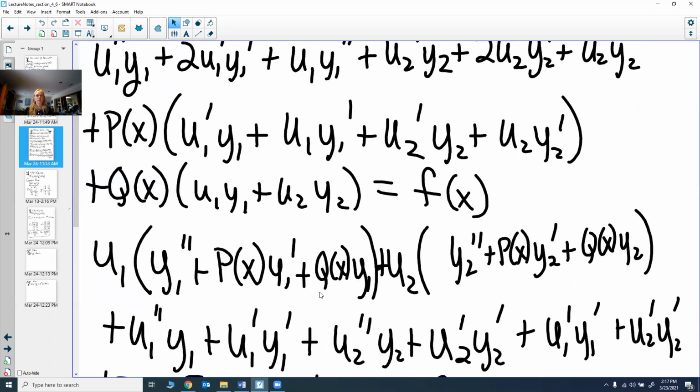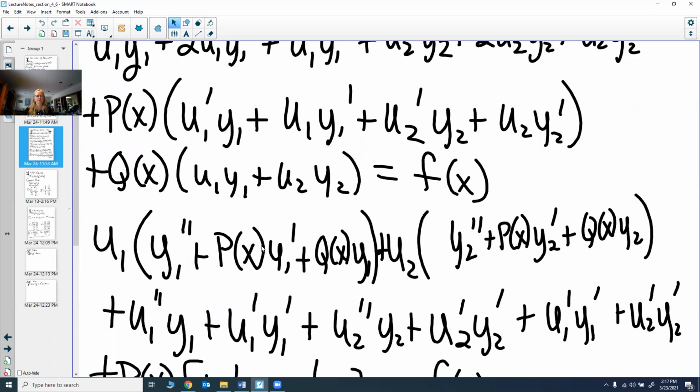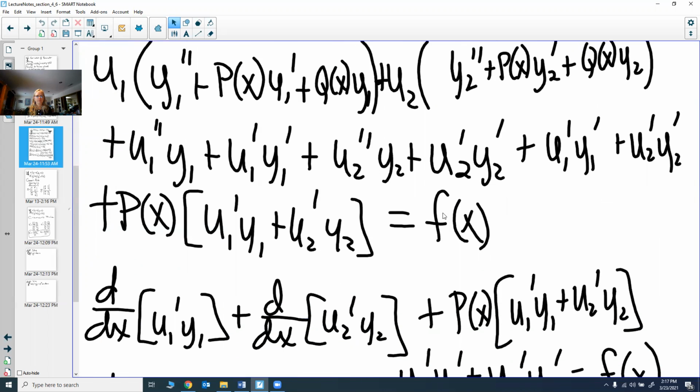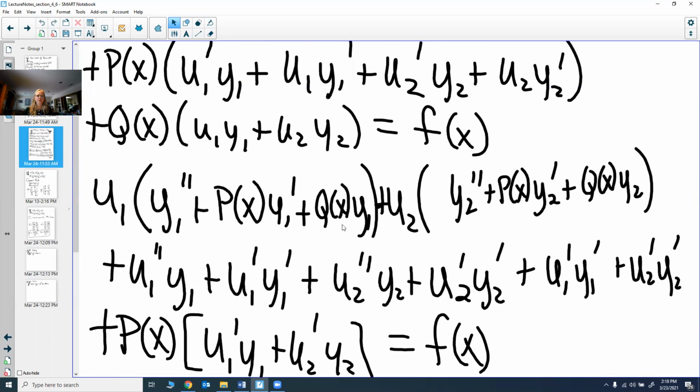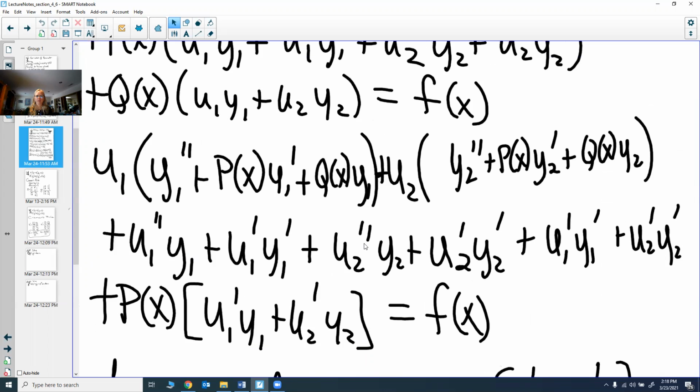Notice you had that p of x times all that, equals f of x. So we collected all of our terms together and came up with all these values.